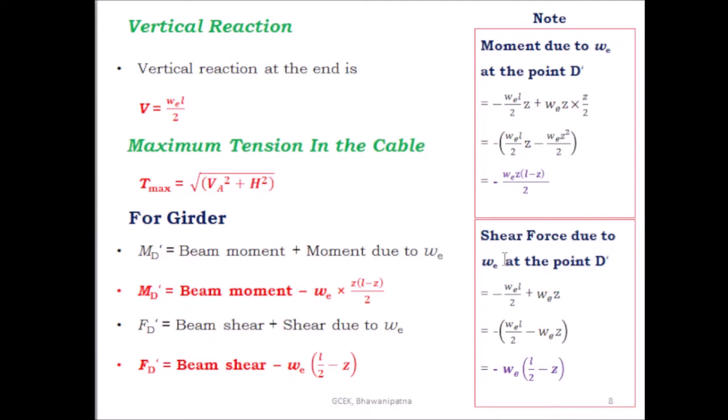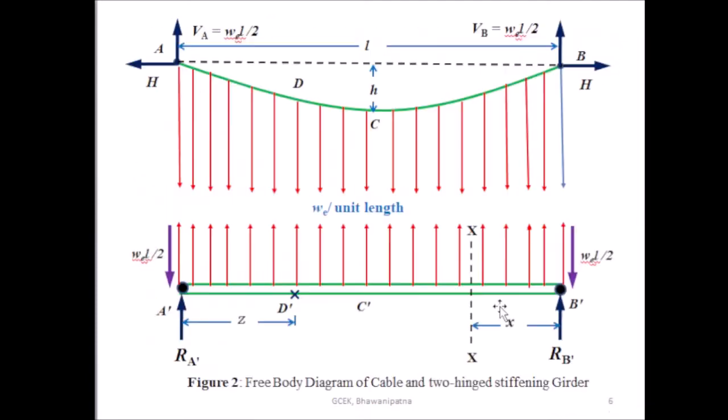Shear force due to W at point D dash: you have to take what load is given here. This is the reaction due to WL by 2, which is in the upward direction, and this load is in the downward direction. What is the load for this portion?